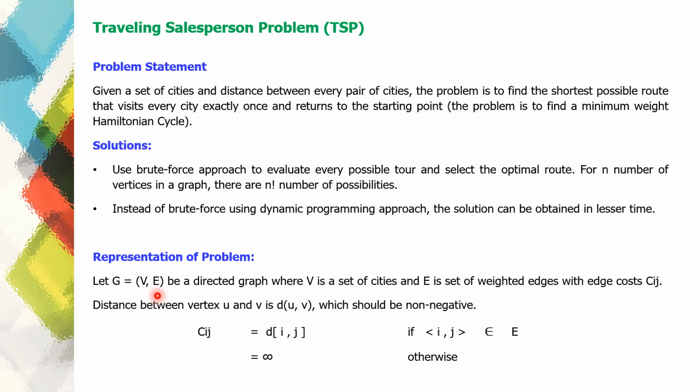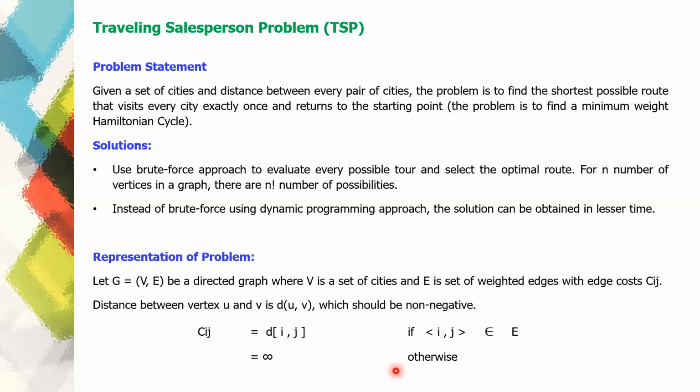Each city is represented as a vertex in the graph. The route between every two cities will be represented in the form of a weighted edge. If you have two cities, the ith and jth city, then there will be an edge connecting the ith city with the jth city.